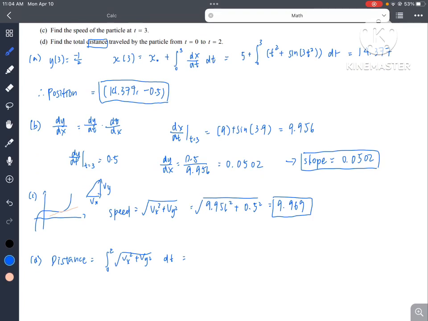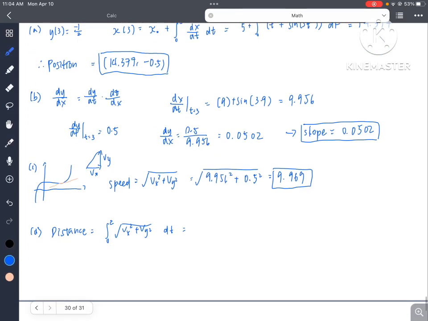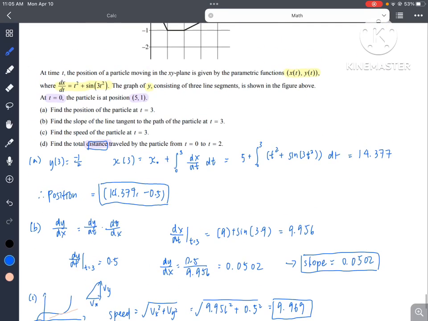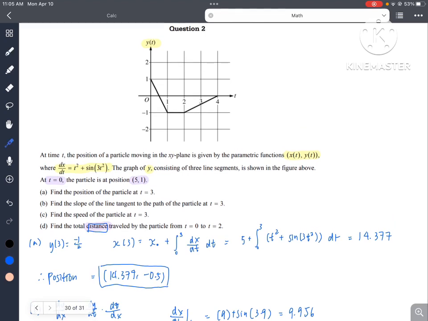Now let's try to find the distance the particle traveled. So notice it's the distance, not the displacement, and it will be equivalent to the arc length. So we just use the arc length formula over here. And we know that v of x is just dx over dt, so we have this, but we don't have v of y, and it's from 0 to 2.